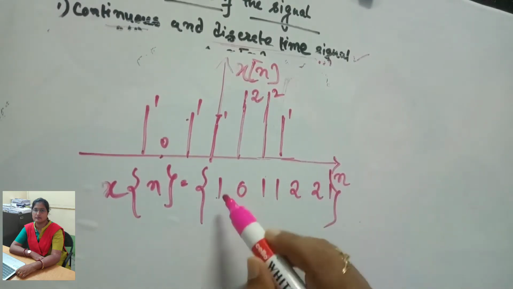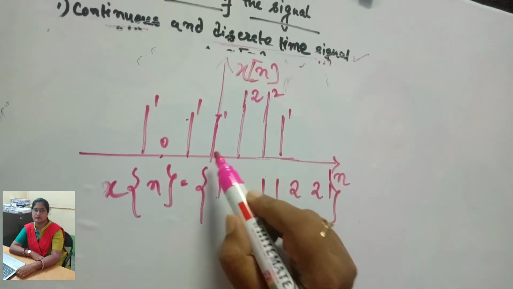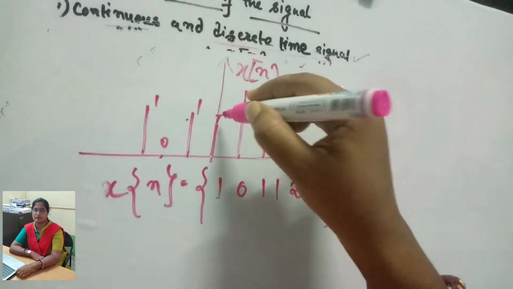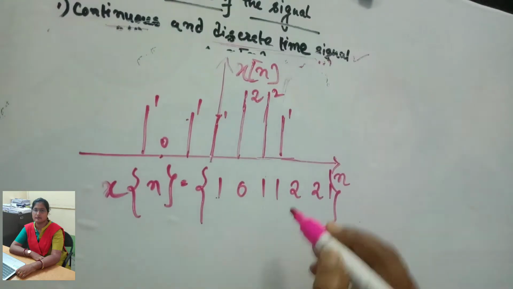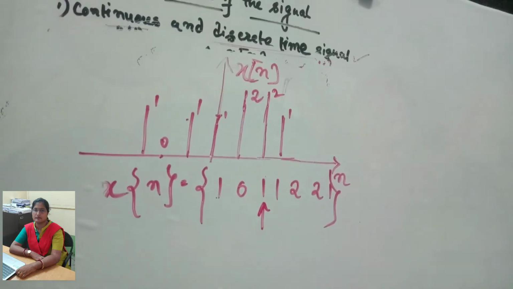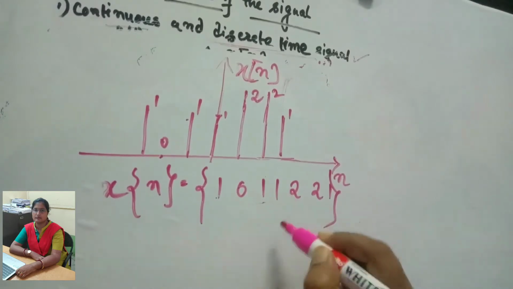So at what time each amplitude value of the signal appears is not specified in this graph or in this equation. To solve this problem, we put an arrow at the position of the time axis where t equals 0.